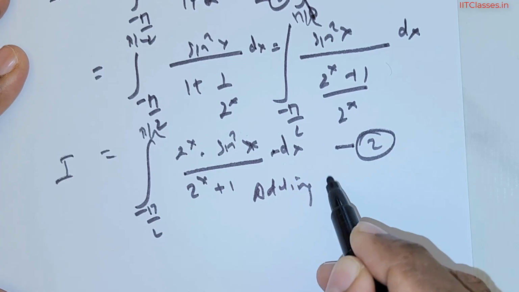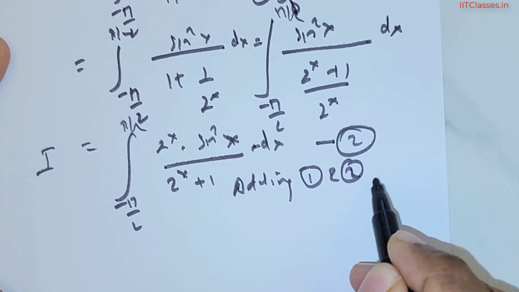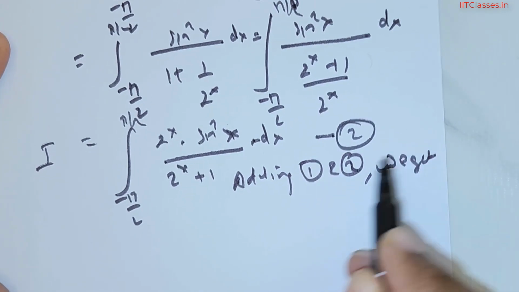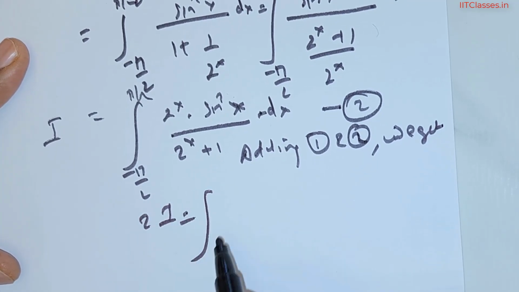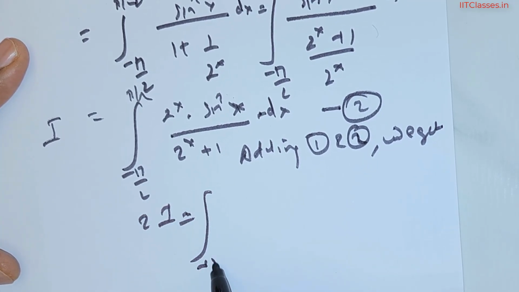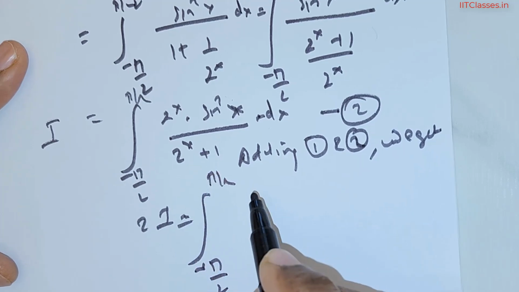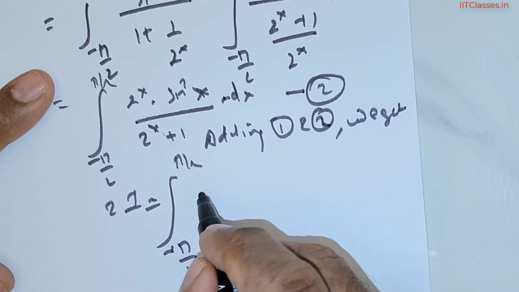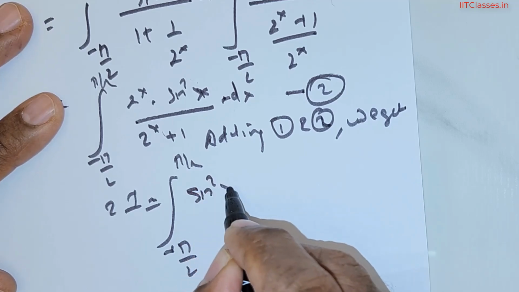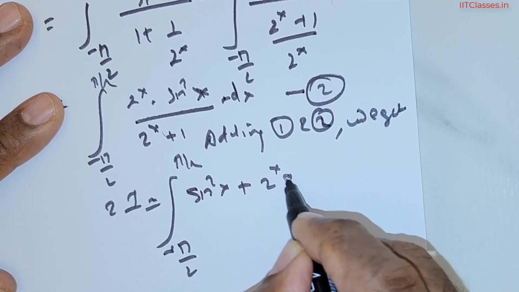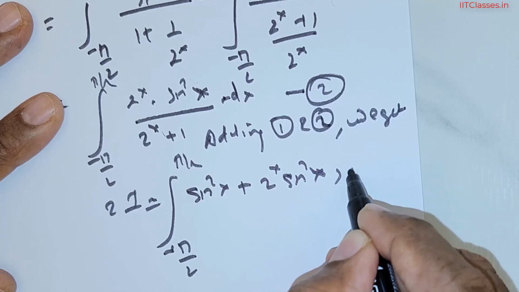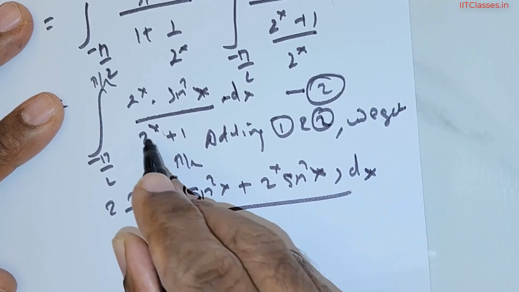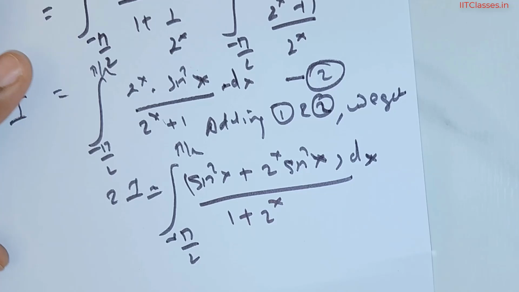So adding 1 and 2, what do you get? You have 2 times I is equal to integral negative pi over 2 to pi over 2. This added with this, I will have sine squared x plus 2 raised to the power of x times sine squared x, dx. Denominator remains the same, 1 plus 2 raised to the power of x.